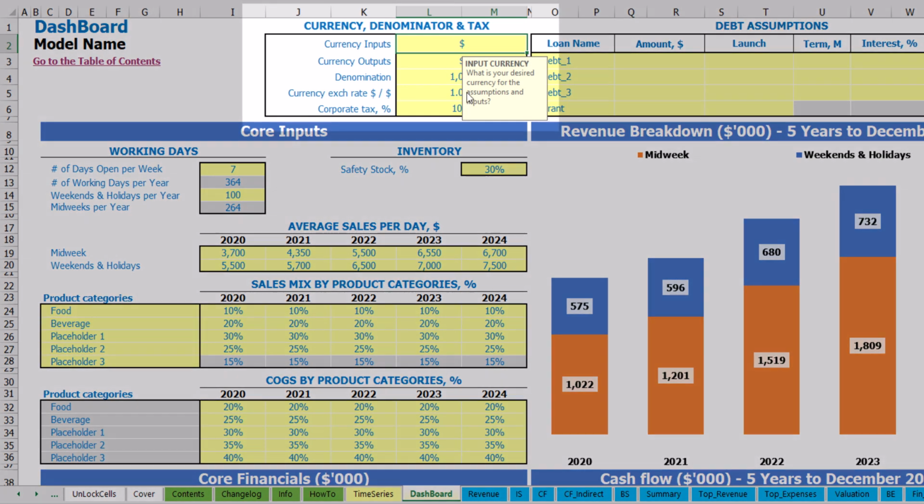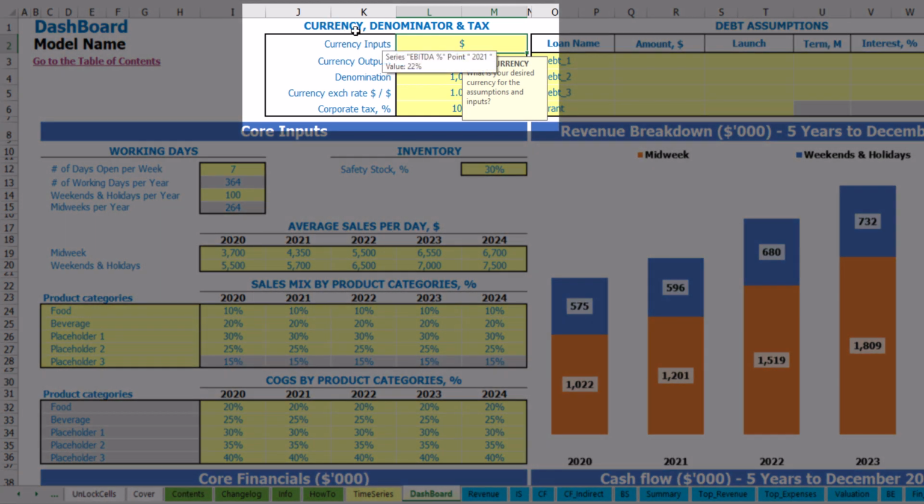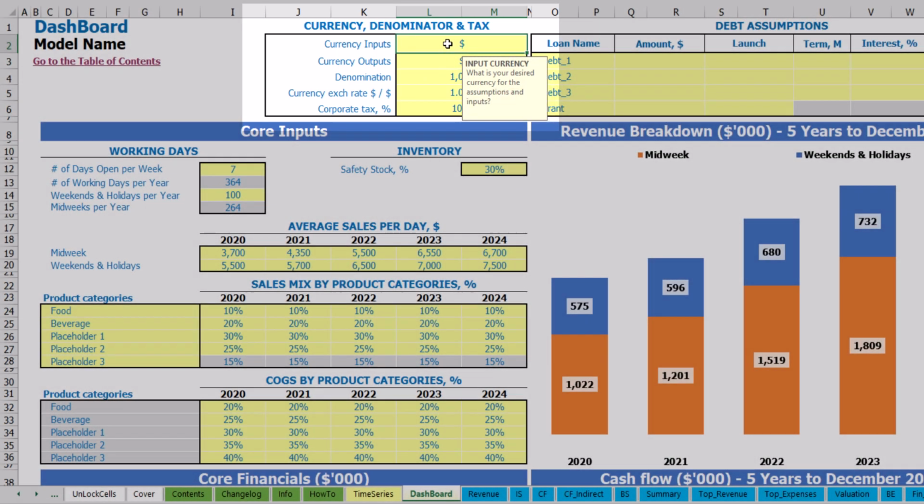On the top of the dashboard you have currency denomination and taxes setup. So currency inputs means that you can input all your drivers for the model using one currency. You have currency outputs. It can be the same as currency inputs and it can be different. So let me give an example.